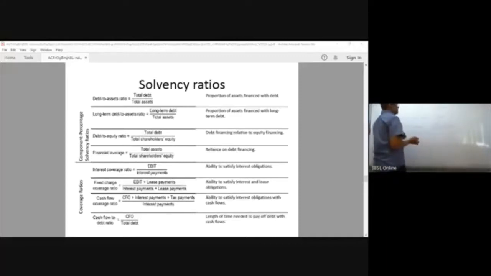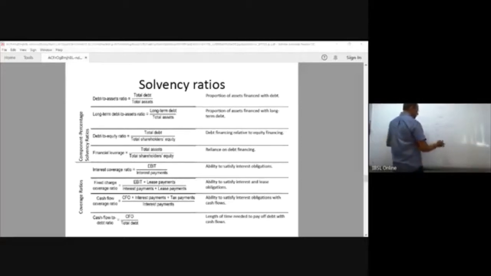Let us say you are looking at a particular business. The total assets of the business are 1 billion, and they have put in equity of 500 million.